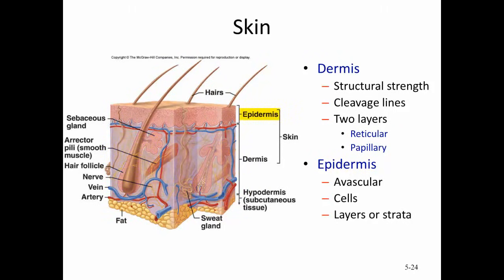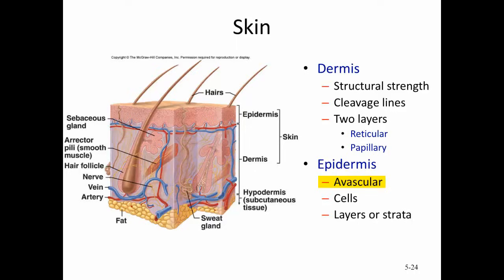And then if we look at the epidermis, remember, it is avascular. Again, if you've ever done this as a kid where you take a straight pin and you put it just underneath the skin, underneath the epidermis, you didn't bleed, did you? If you took that pin and you went past the epidermis into the dermis, into that papillary layer there, now you can hit a blood vessel and you can bleed.